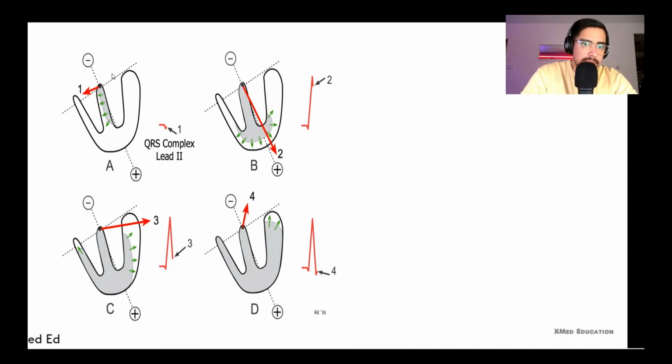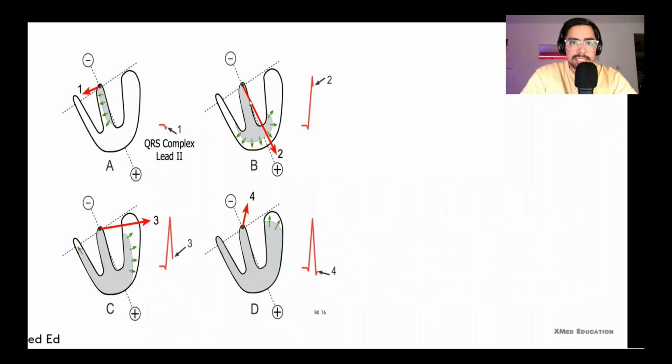The first vector that we see inside the heart is going to be the total of all these small vectors inside every cell. So the total of them will be heart vector number 1. It goes down a bit when the contraction is from the septum.